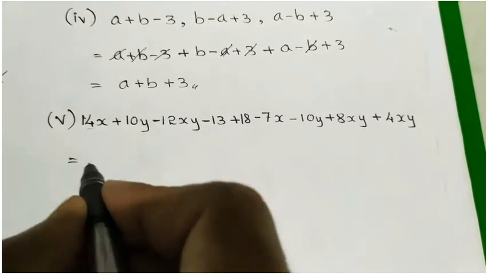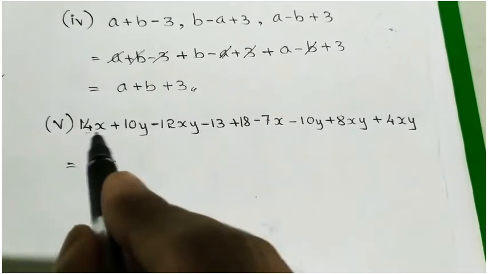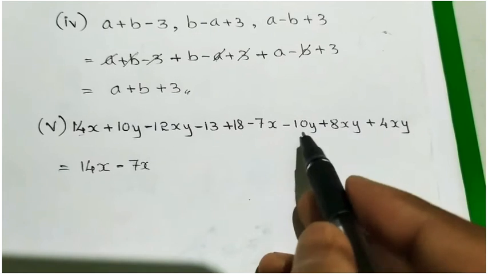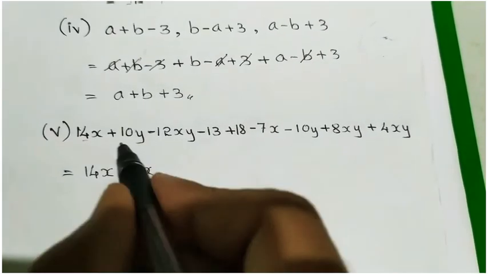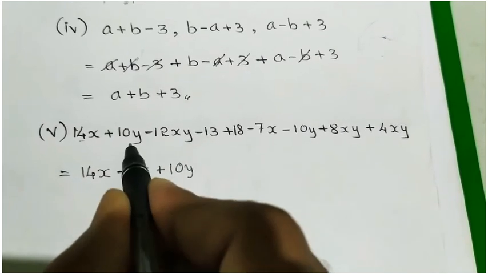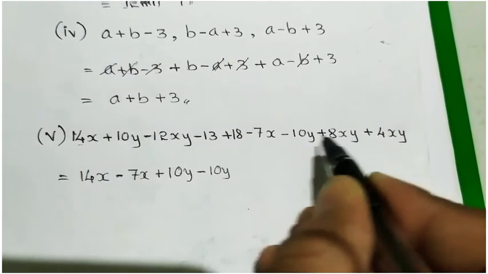14x is there, so I'll write here 14x. Next minus 7x, and one more, no. Next, y terms: 10y plus 10y minus 10y. Any more like terms?